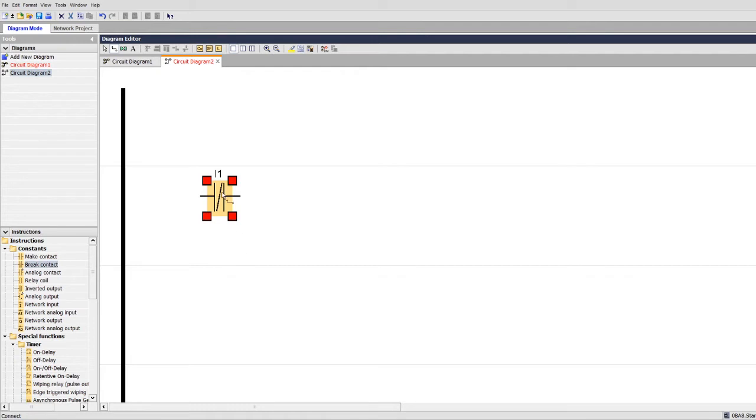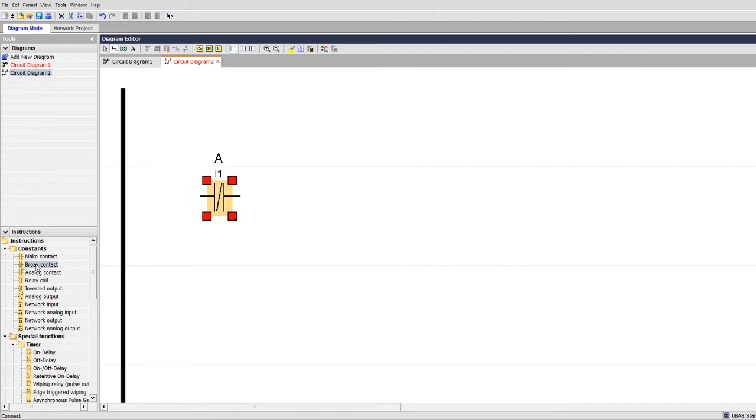To give the name of the input, we have to select the comment and give the input name as A. So it is represented as A.